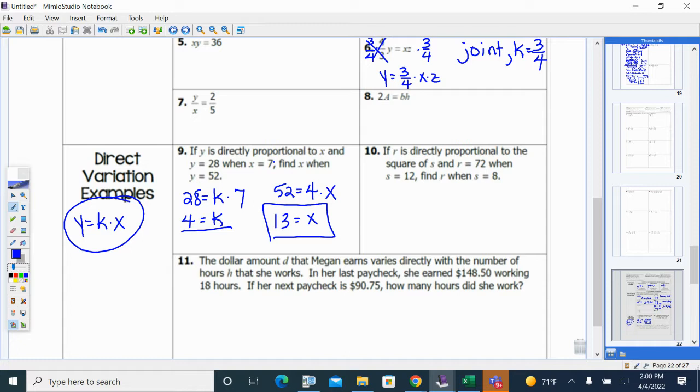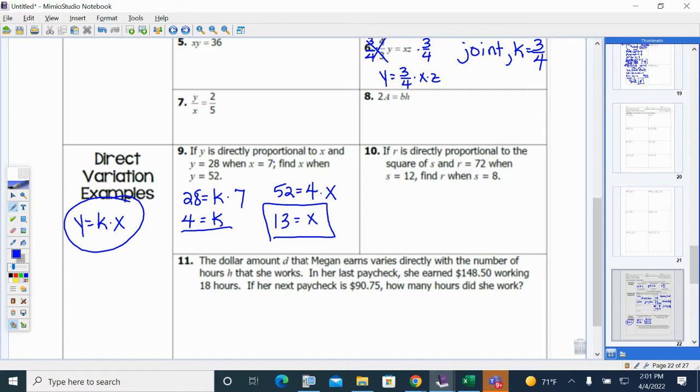If r is directly proportional to the square of s and r equals 72 when s equals 12, find r when s equals 8. So I'm going to use the same kind of idea here, but we've got to go back to how this is read.